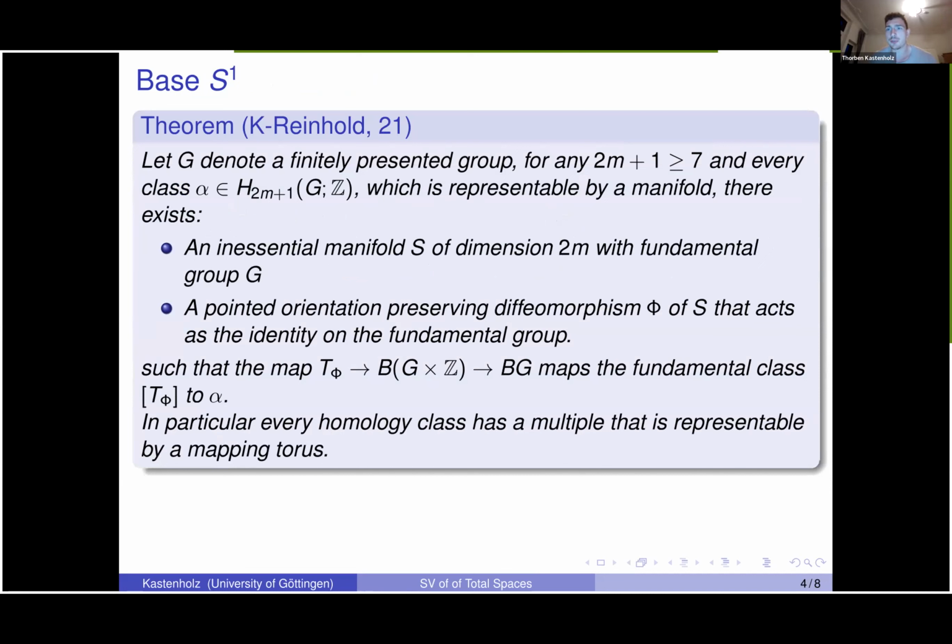So this proof uses something which is called the twisted double theorem, which says that whenever I have a manifold, I can somehow represent it as two copies of the same manifold with boundary glued together along a weird diffeomorphism of the boundary. And this is only true for odd dimensional manifolds. So this is where this oddness comes from.